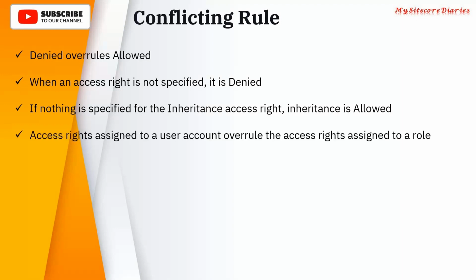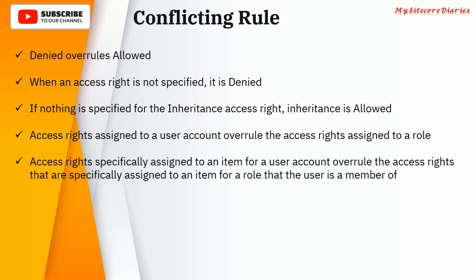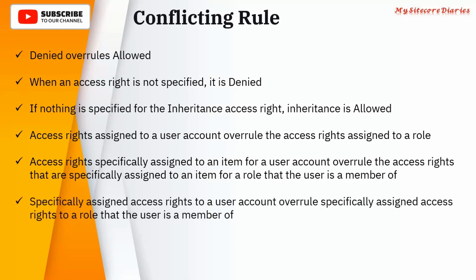Access right assigned to a user account overrules the access right assigned to a role. Access right specifically assigned to an item for a user account overrules the access right specifically assigned to an item for a role that user is a member of.